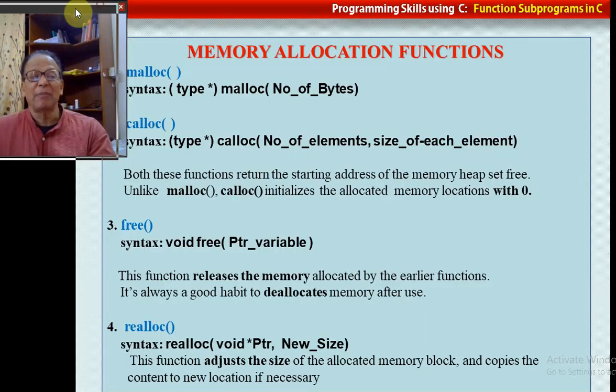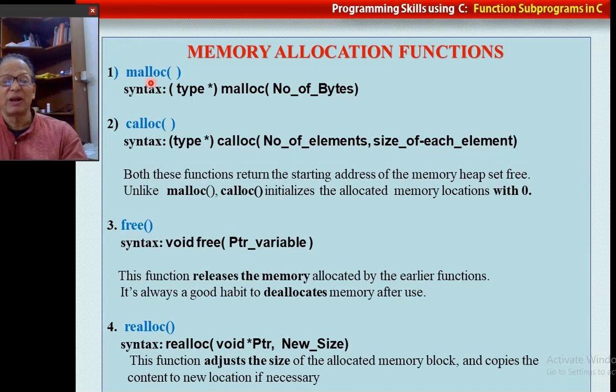So there are some examples here. We have explained malloc. There is also one more function called calloc. Both of them do the same. They allocate memory. Here it was the number of bytes of memory, that is, sizeof that type into number. Here I am separating it. I say the number of elements, n maybe, comma, and the size of each element.